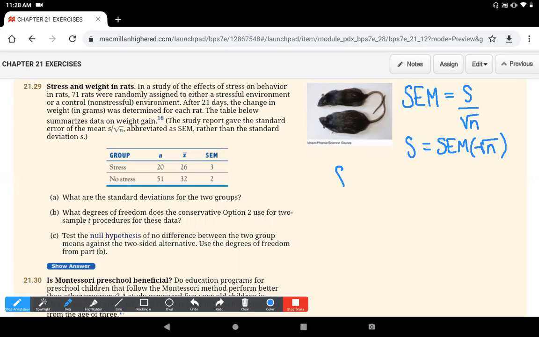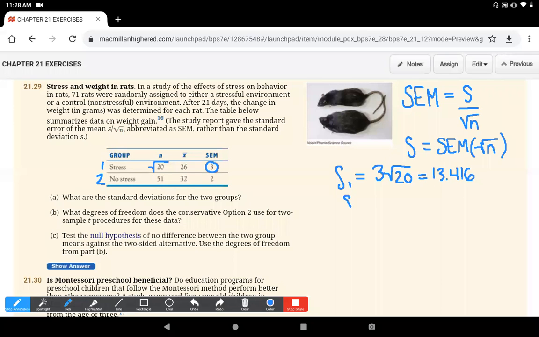We'll call group 1 the stress group, and group 2 the no stress group. Then the standard deviation S1 for group 1 is the SEM for group 1 multiplied by the square root of 20, which is 13.416.